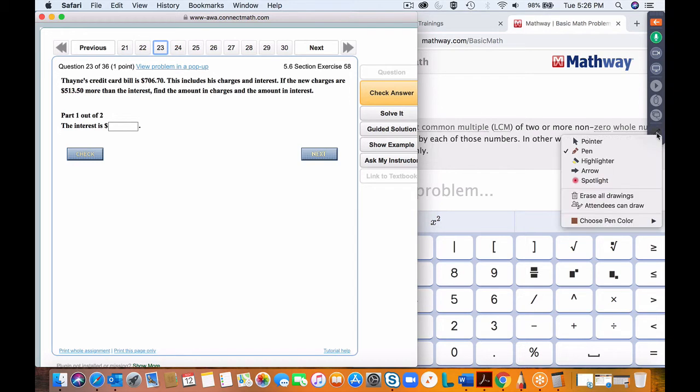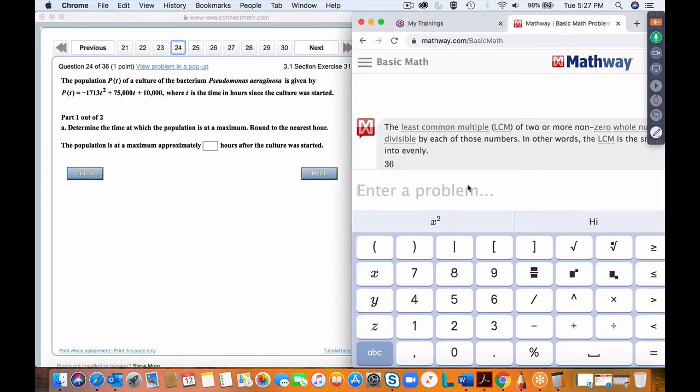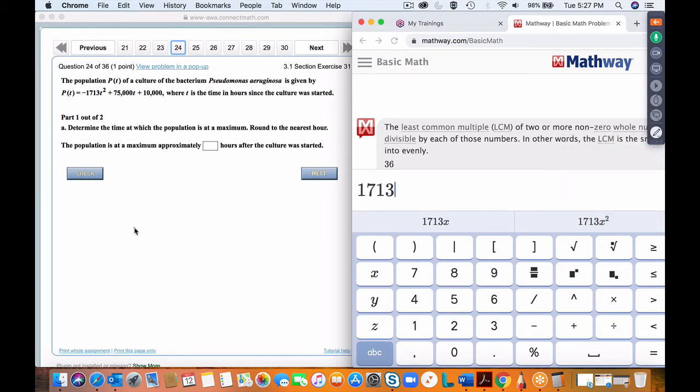24. Yeah, for this one I prefer to use the big calculator. Well, you can find it with a little formula. Let me show you. You can find it with minus b over 2a.